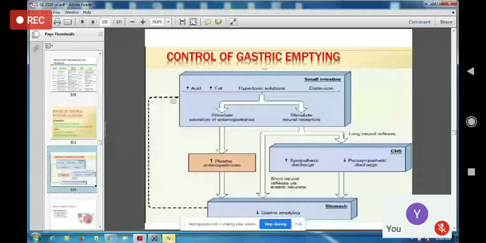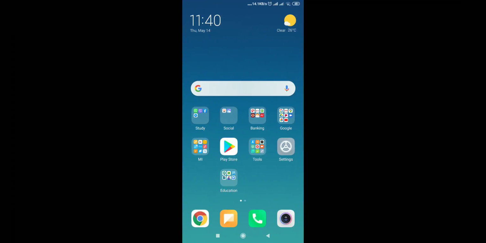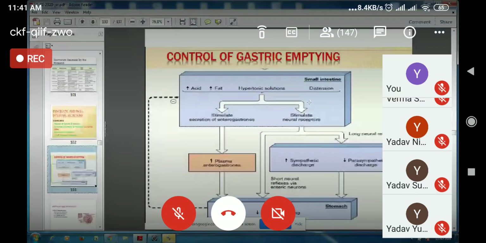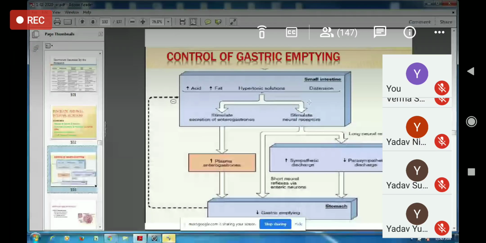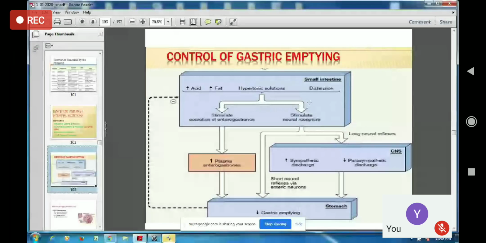If there is increased acid content in the food entering the small intestine, or increased fat content, or hypertonic solutions in the food, or if there is too much food and the small intestine is distended, then these things will lead to stimulation of the neural receptors and also the secretion of enterogastrones. These enterogastrones are nothing but CCK and secretin.